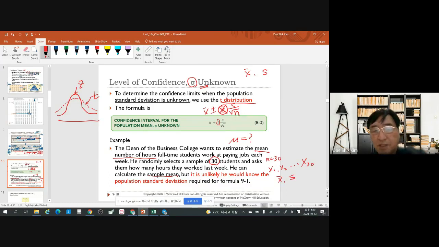But it is unlikely he would know the population standard deviation sigma. So we will use s, and at the same time we cannot use the z value.